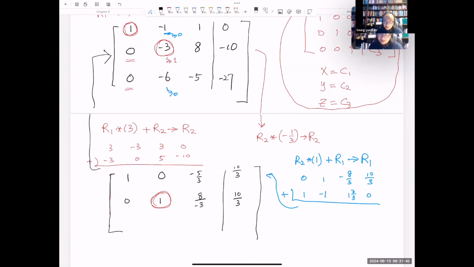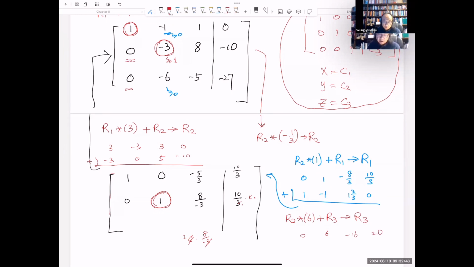To make this -6 into 0, multiply R2 times 6, then add to R3, put it back to R3. So 0, 6, 6 times 8 over -3, which is -16, and 6 times 10 over 3 is 20.